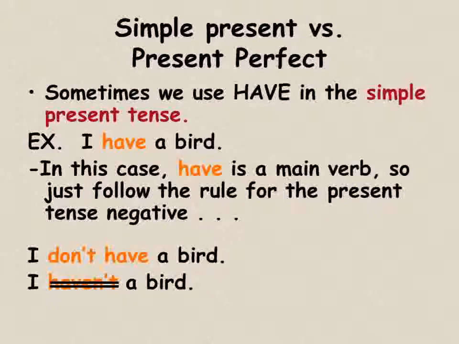It's the only verb in the sentence, and the sentence is simple present tense. So just follow the rule for the present tense negative. Choose doesn't or don't. Because you have the subject I, you have to choose don't. So the negative is I don't have a bird.